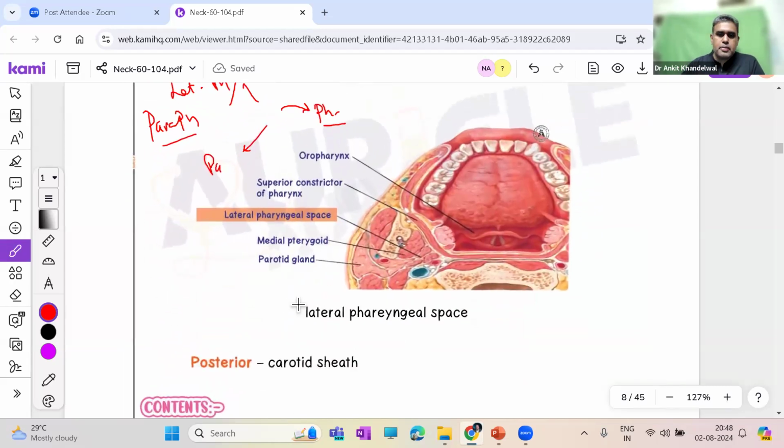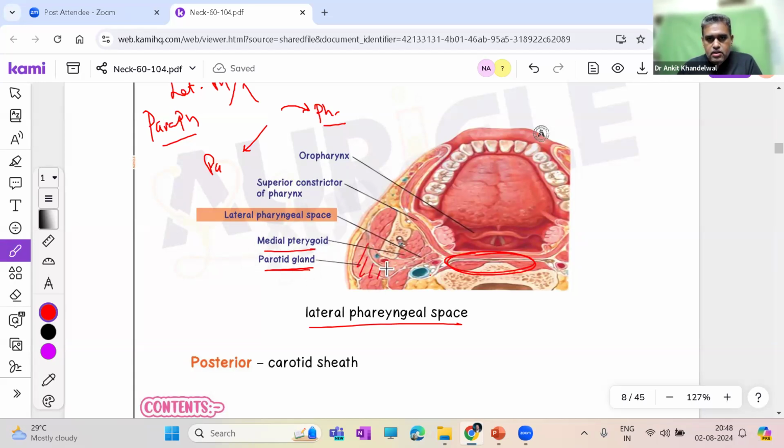Okay, let me just enlarge it a bit. In this image, they are trying to show us what? Lateral pharyngeal space. Okay, let us try to see. So this is the area for the pharynx. You can see this carotid sheath. The pharynx is somewhere over here. This area is for the pharynx, your nasopharynx, right? This is the parotid gland, which they said is posterolaterally, and this is the medial pterygoid muscle.